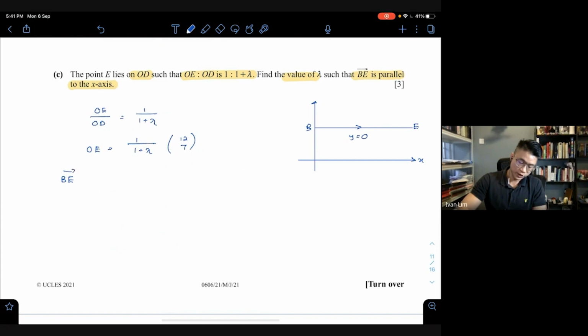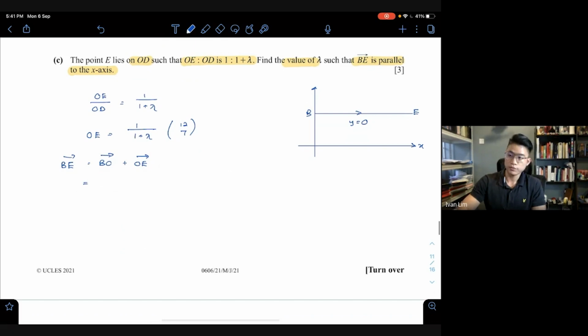Because I want to find BE. BE is BO plus OE, which will give me (negative 10, negative 3) plus 1 over 1 plus lambda times (12, 7).